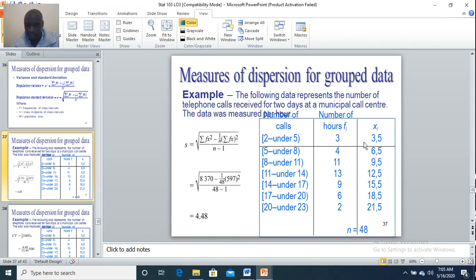For fx, the midpoint is x, so it's 3 times 3.5, 4 times 6.5, 11 times 9.5, like that. Then we square the x first in a column before we multiply. For this one we just say f times x, this times this, then we create a column. We add, remember it's saying sum of.